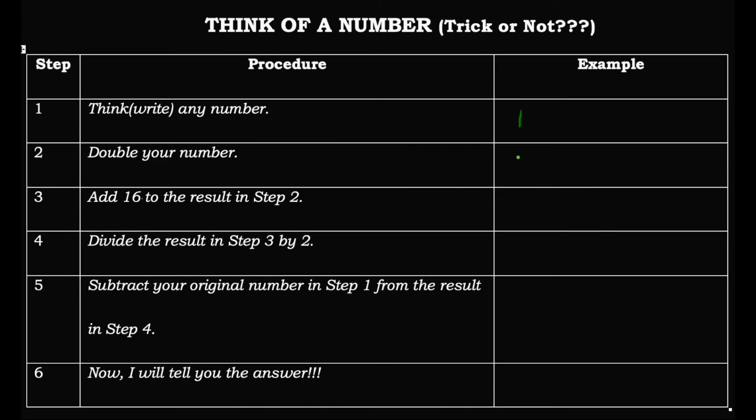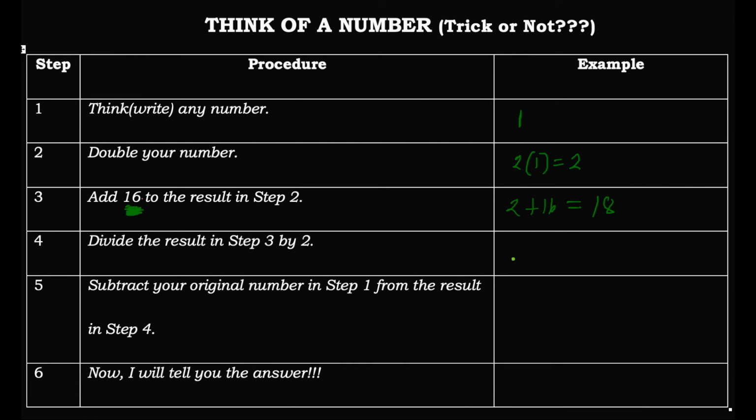Step number 2, double your number. So in my case, 2 times 1 is equal to 2. In step number 3, take note, I have changed a little bit. Add 16 to the result in step number 2. Previously, we added 10, but this time we will change that number. Let's say 16. So I have here 2 plus 16, and my answer is 18.